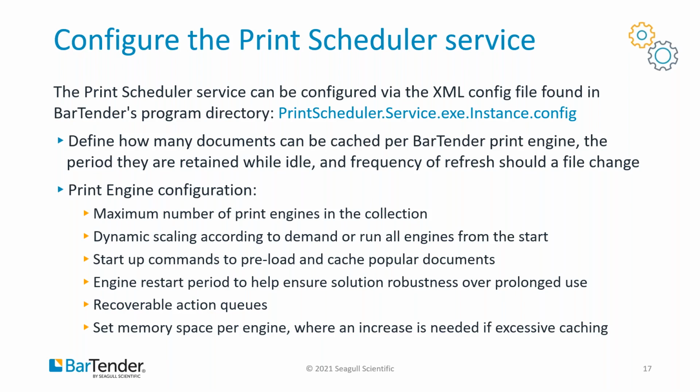Or perhaps if you want to ensure highest performance, you have a dedicated server just for BarTender, and you want as little latency as possible from time of print request to time of print, then perhaps disabling dynamic scaling would be something you'd want to do so that the print engines are already running at time of request.